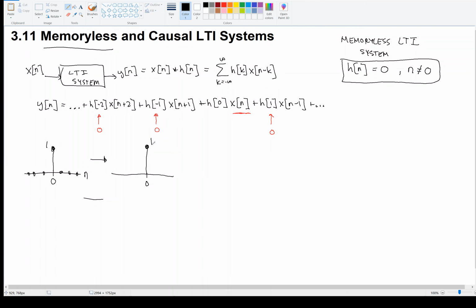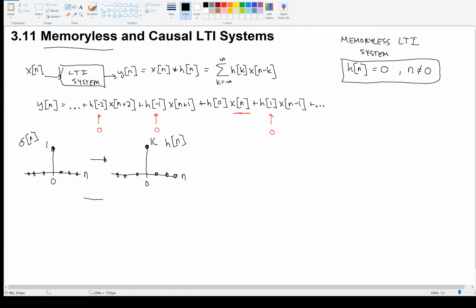Maybe we'll say it's scaled by some value k. But it has to be 0 everywhere but the origin. So this is the impulse, and this is the impulse response. It has to have this form for any k.